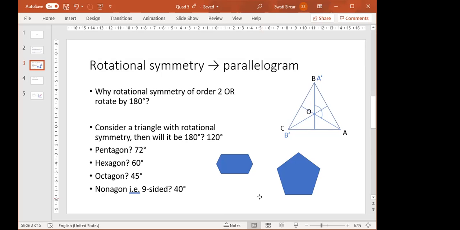But for a hexagon, for example, in this case, angle of rotation.